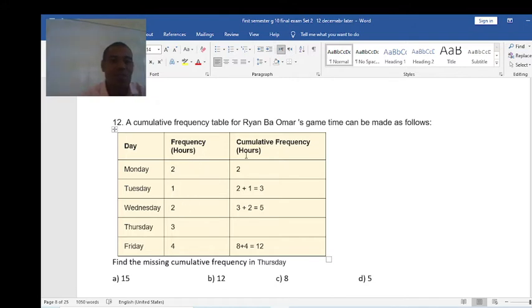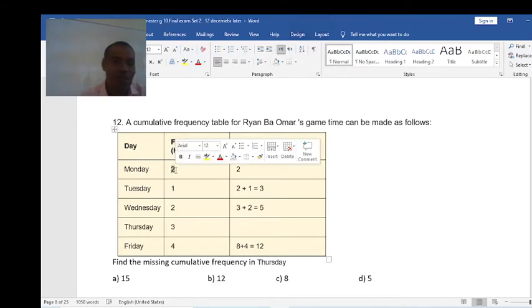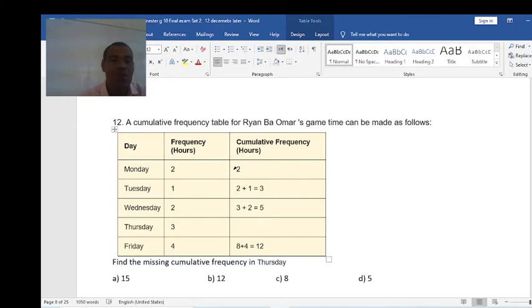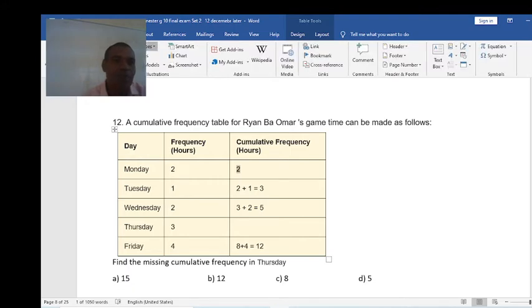Then cumulative frequency in hours. For the first one, we have 2 here. The frequency is 2, so the cumulative frequency is already 2. On Tuesday, the frequency is 1. So for the cumulative frequency, I will add this one, my learners. Okay, no, not this.